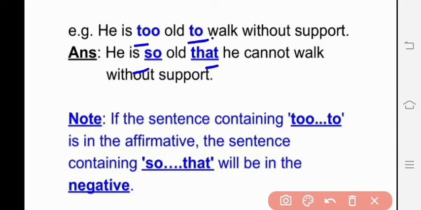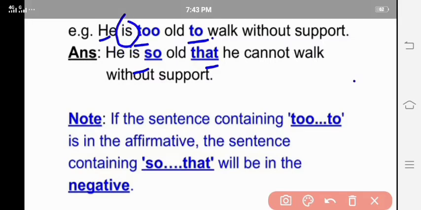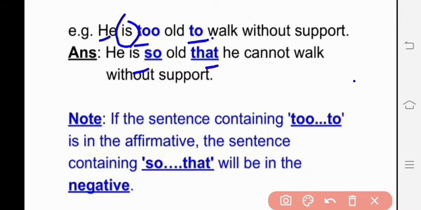The remaining subject and object portion keep as it is without any change. So here: he is so old that he cannot walk without support. The sentence may be framed like this: he is so old. In place of to, so; the adjective old as it is; then convert into that.